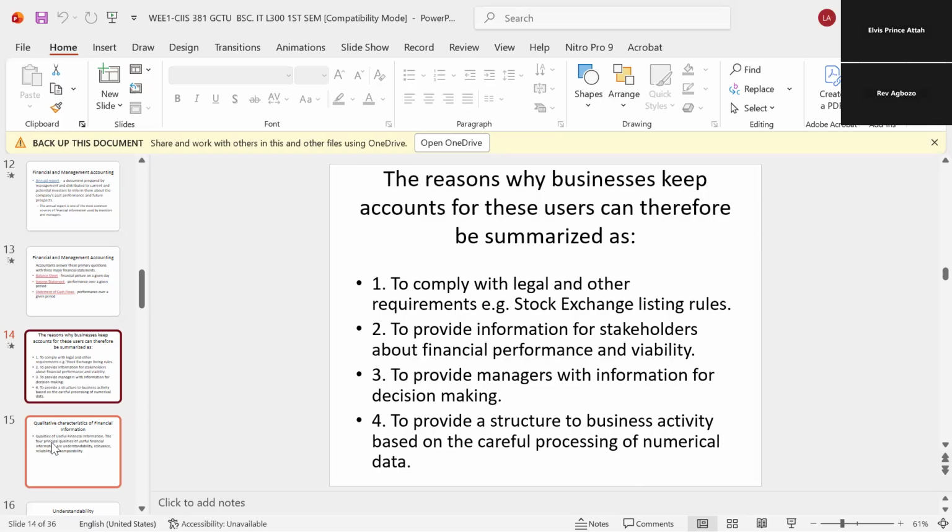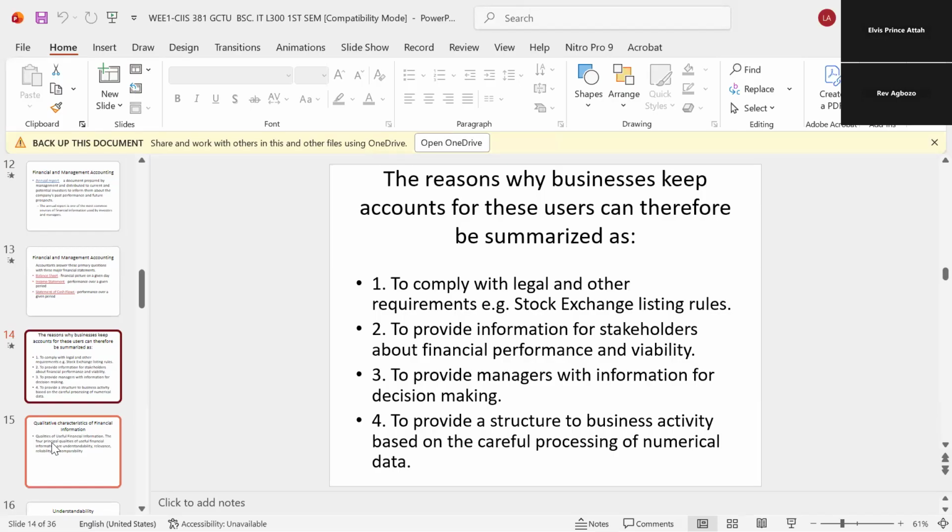So for instance, if you deal in one product this year and it is not meaningful, you may want to add a new product. If you add a new product and you realize that the new product is rather costing the business more than the old one, then you would want to change your model and bring in another product.